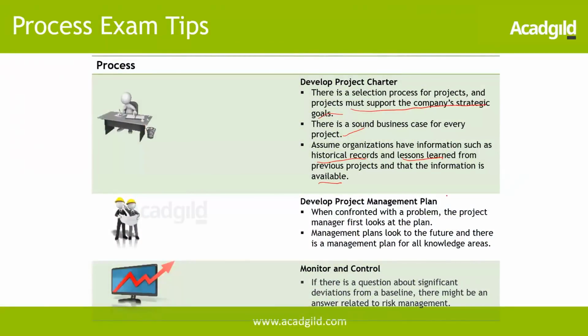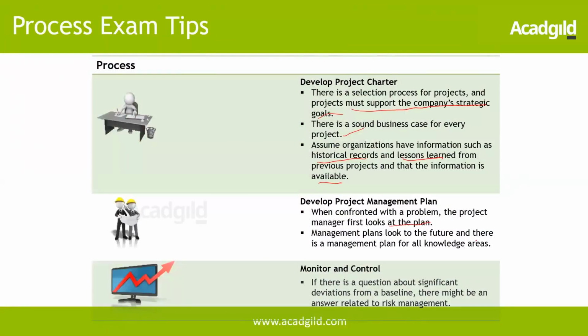With respect to develop project management plan, when confronted with a problem, the project manager first looks at the plan. There could be a situation where somebody says this has not happened; then you don't go and defend yourself immediately. The first thing you need to look at is whether it was properly planned or not, and then maybe take the respective actions accordingly.